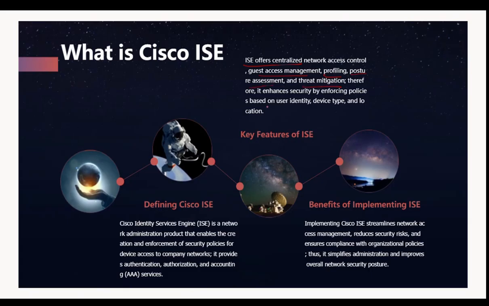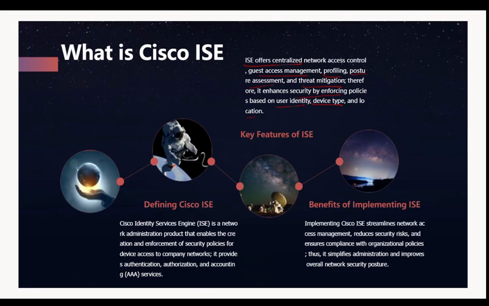Therefore, it enhances security by enforcing policies based on user identity, device type, and location. Whether an individual connects using a wired, wireless, or VPN connection, Cisco ISE implements a consistent unified access policy. That is what Cisco ISE does.